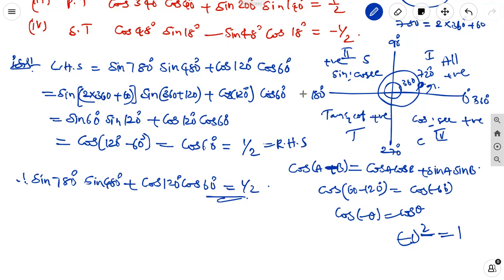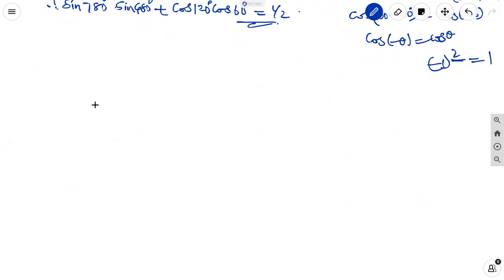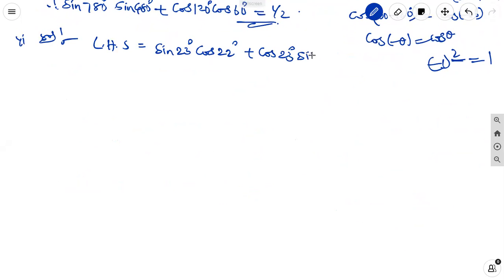The second solution is: LHS is equal to sine 23 degrees cos 22 degrees plus cos 23 degrees sine 22 degrees.